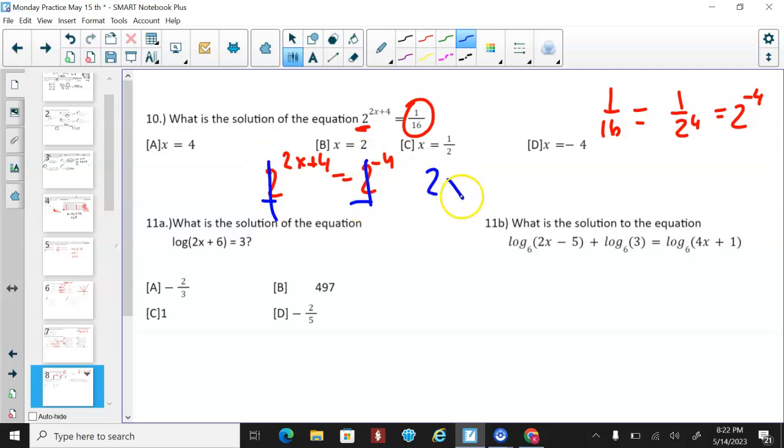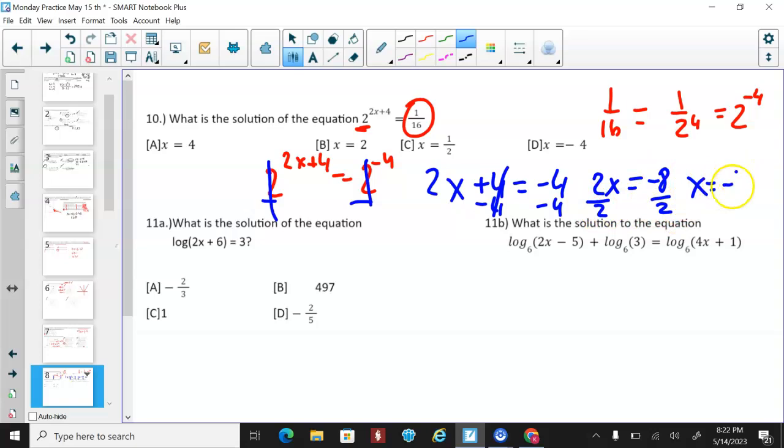So what comes down is the exponent, okay? x plus 4 equals -4. And now I just solve for x. I'm going to move the 4, 2x now equals -8. I'm going to divide both sides by 2. So x equals -4. So remember, it's the answer D. We are using the same base property, okay?